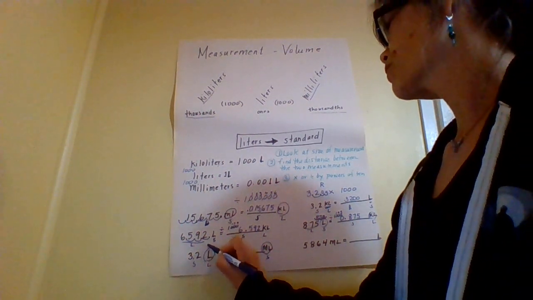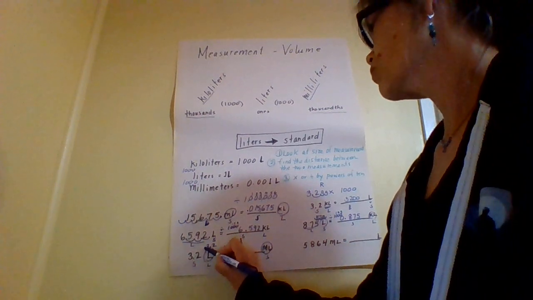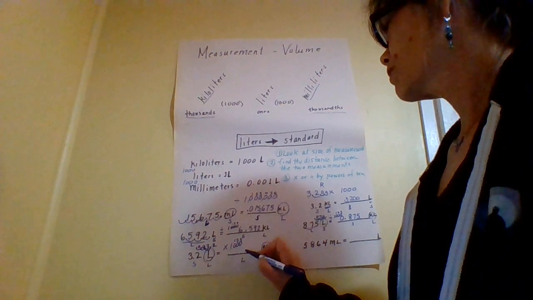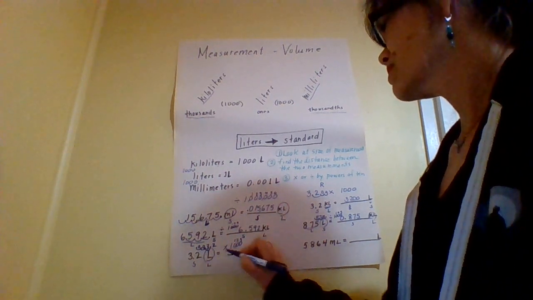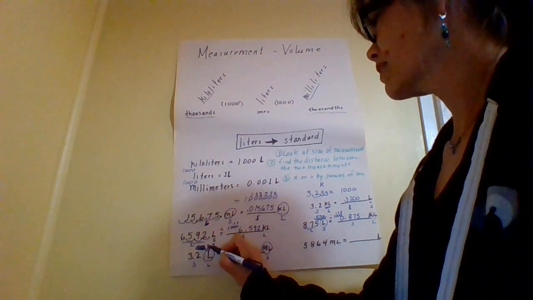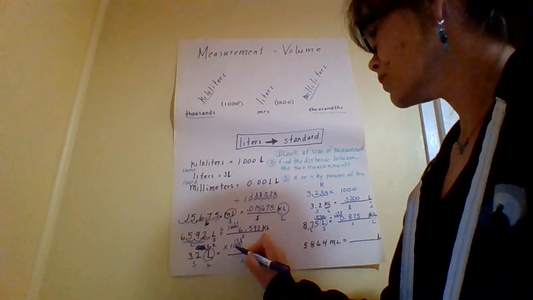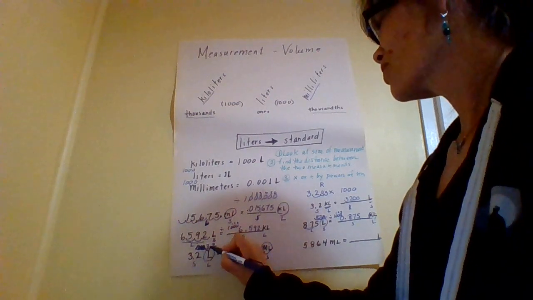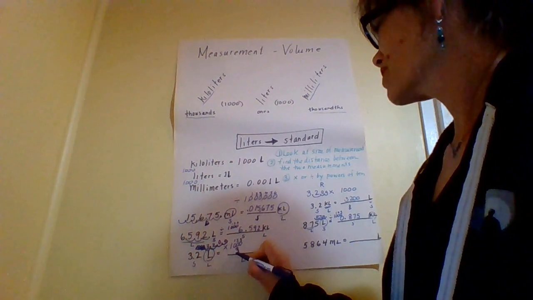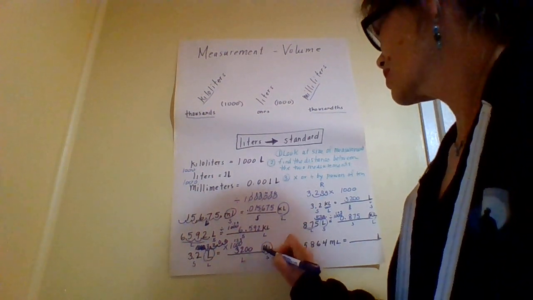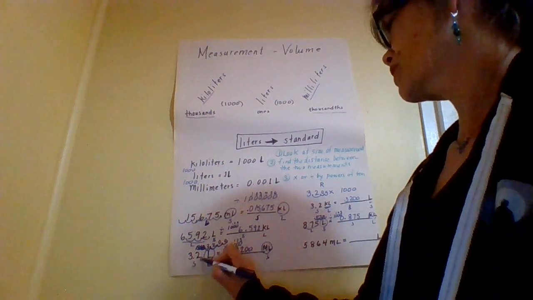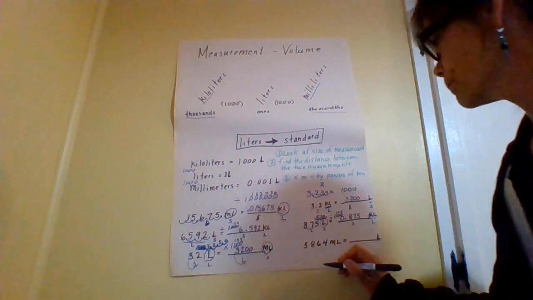And we're going to take our 3 and 2/10, and we're going to move 1, 2, 3. I divided. What was I thinking? And so now we're going to multiply. We have 1, 2, 3. And our number is going to be 3,200 milliliters. Right? The larger number. I can check and make sure. Yep, I went the right way.